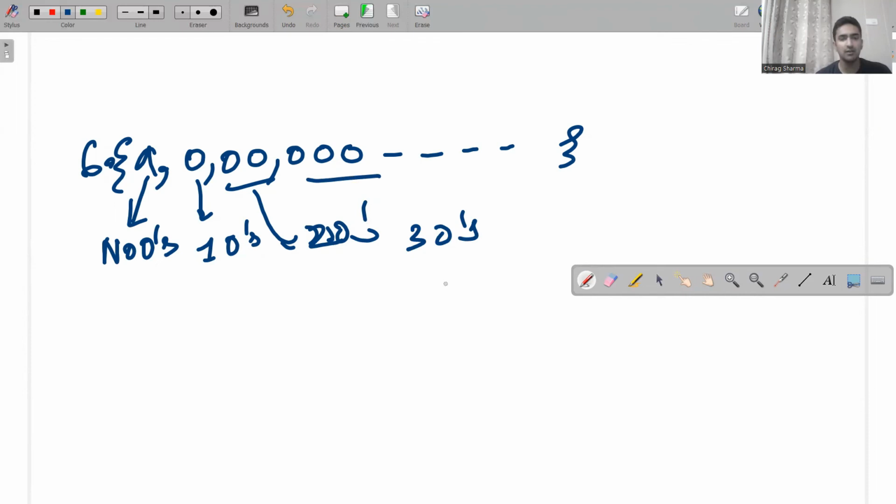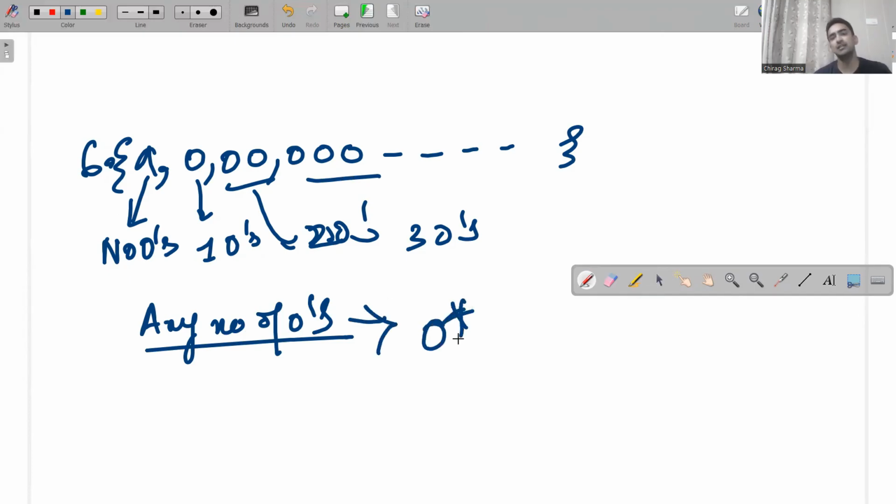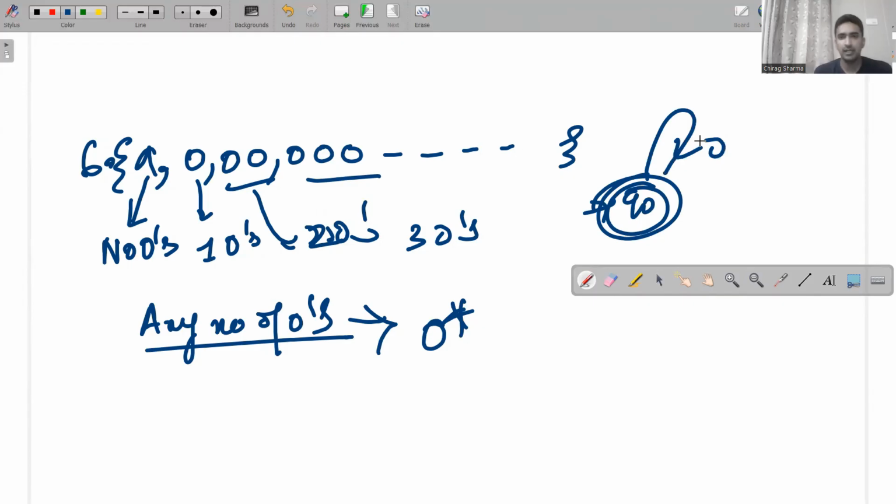This is my regular set. It means any number of zeros, and any number of zeros includes no zeros also. This is represented as the closure of 0. If I have to create an automata of this, that would be your finite automata answer, but your regular expression is 0 star.